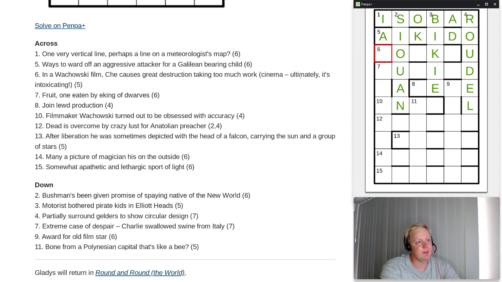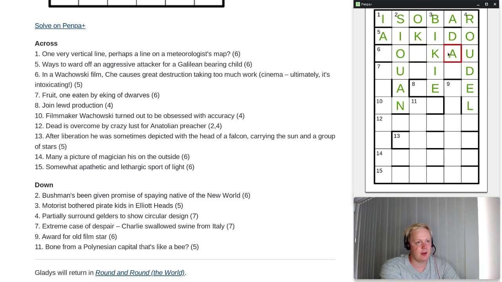And what else? Ultimately, obviously, you take the ultimate letters, the last letters of words. So work, cinema, Ka fits this Ka. And since this is at the end, the wordplay would end here, and we would have, as the definition, it's intoxicating.